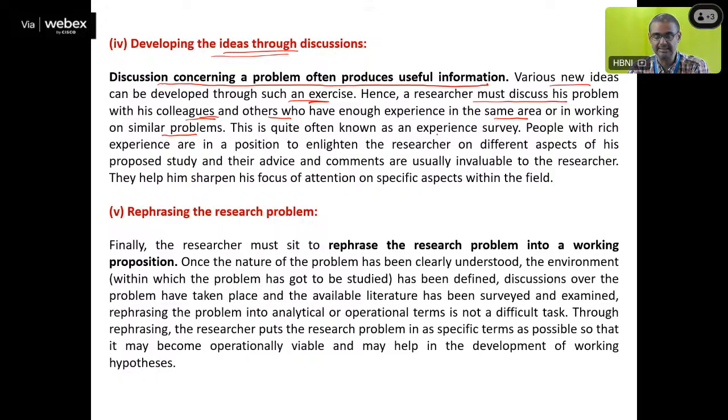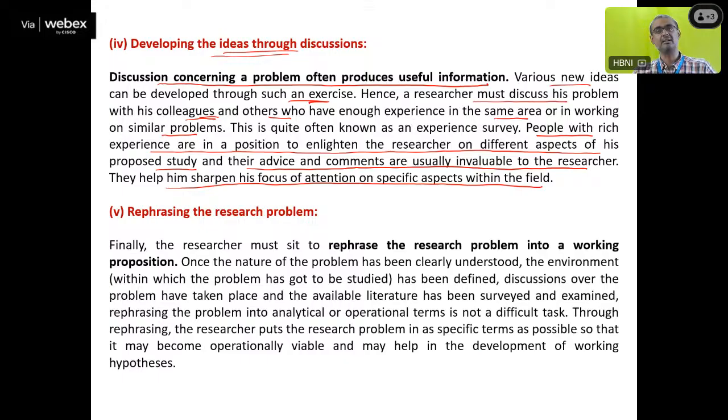It is quite often known as an experience survey. People with rich experience are in a position to enlighten the researcher on different aspects of his proposed study, and their advice and comments are usually invaluable to the researcher. They help him sharpen his focus of attention on specific aspects within the field.